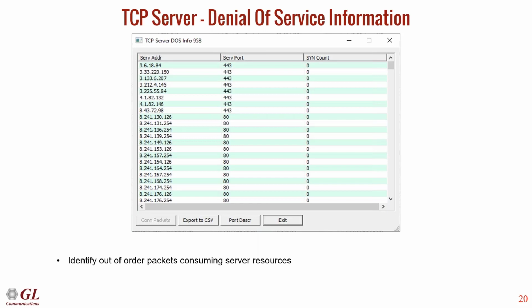If we have only a single SYN at the beginning going to the same server and we have a huge count, it means that somebody is bombarding a particular server service port, let's say 80, right? A web server, with SYN packets, immediately disconnecting, resetting the connection and trying to connect again. If we see many thousands or even millions of SYN count, it means it's a denial of service attack.